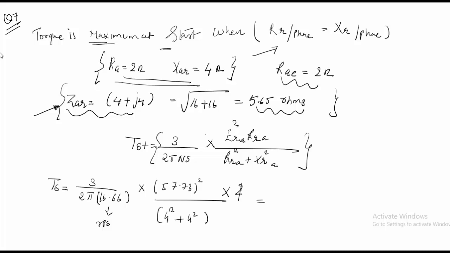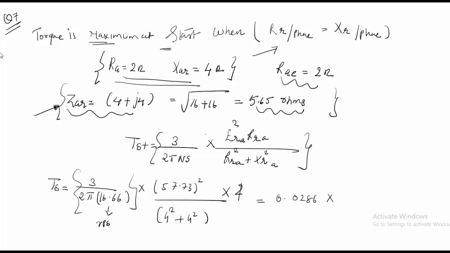When you solve for this, you will get something like 0.0286 into 57.73 square into 4 divided by 16 plus 16, which is equal to 32.